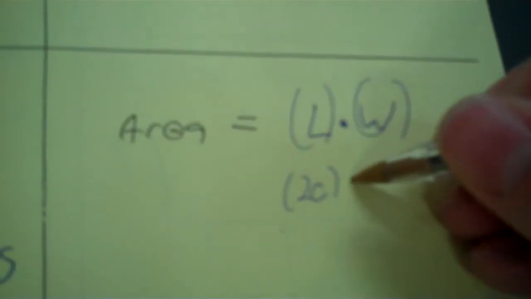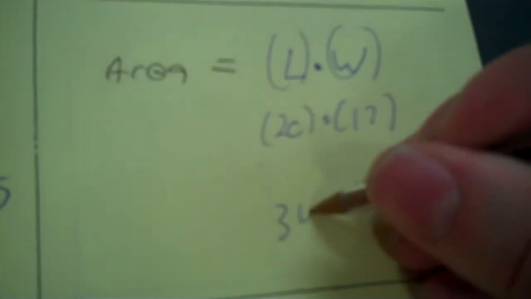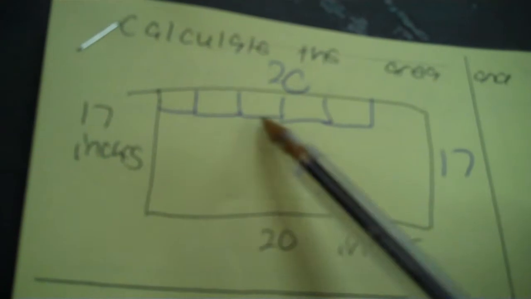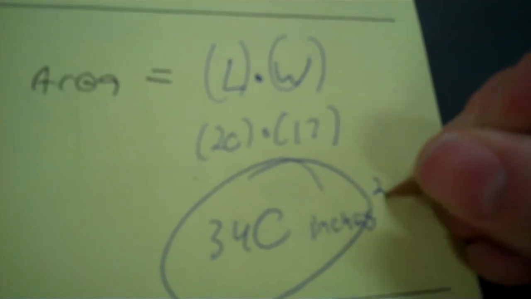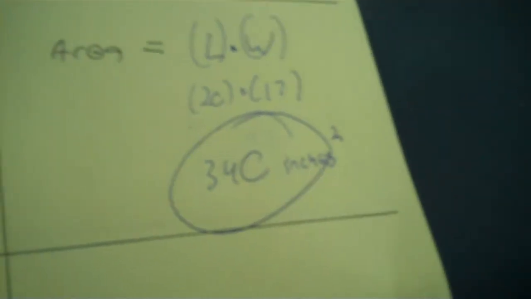So I will be taking 20 times 17. 20 times 17 is 340. That's the area. Now remember, it's how many squares I can fit inside, so it's square inches. So square means inches to the second power, square inches. Okay, so perimeter is adding the sides, area is taking the length times the width, and putting our unit square.